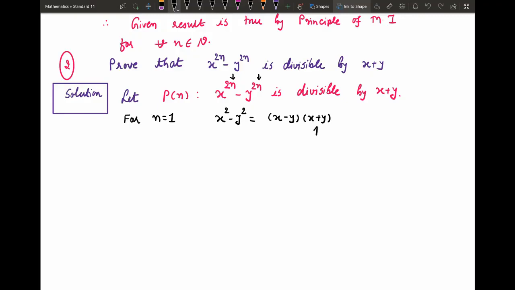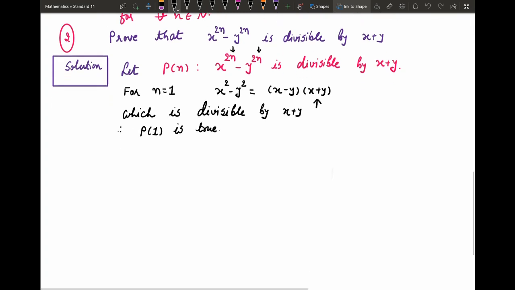Since one factor is x plus y, so we can claim that it is divisible by x plus y, and therefore p of 1 is true. Result is true for n equal to 1.